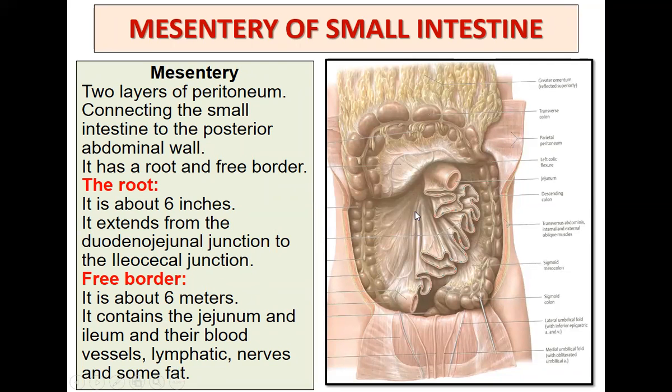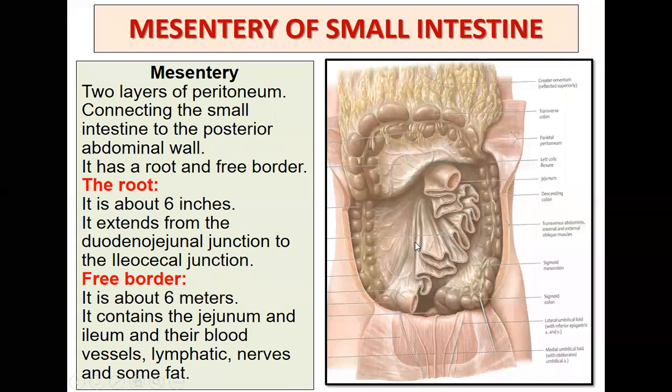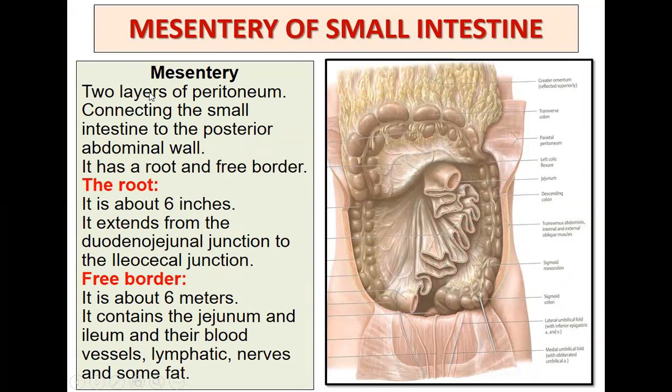The second fold goes back and gets attached to the posterior abdominal wall. So it is held attached to the posterior abdominal wall with a long fold of peritoneum, which is called the mesentery.